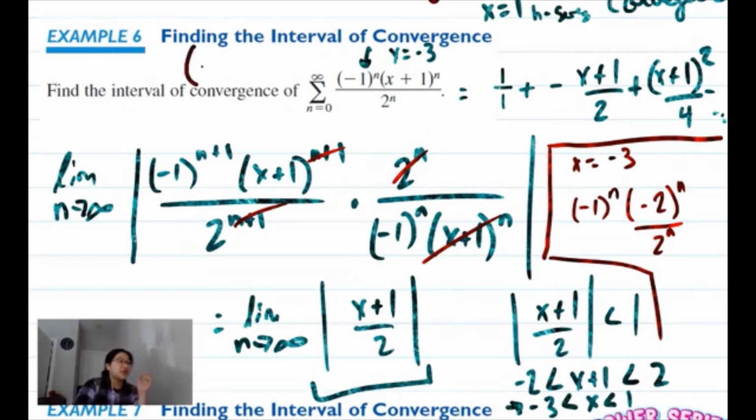So we have our interval of convergence is from negative 3 to what? To 1. So when x equals 1, plug that in here, and what do we get?